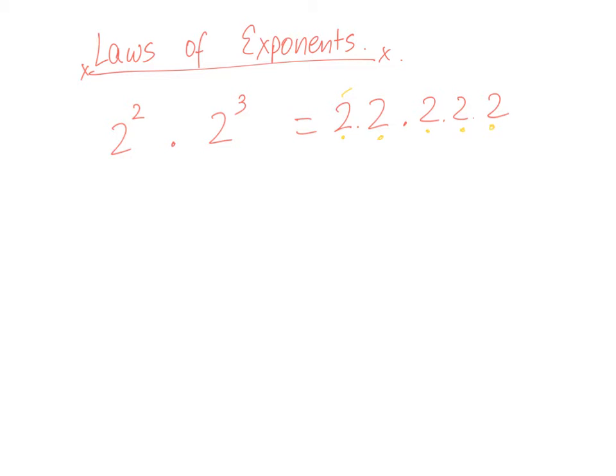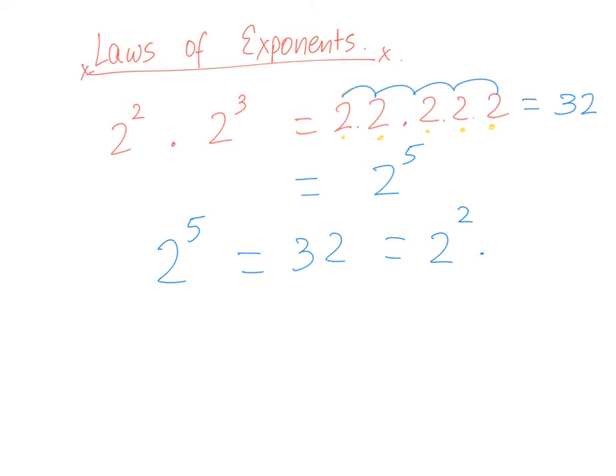So 2 is multiplied by itself 5 times. What is the product? 4, 8, 16, 32. So 2 exponent 5 is 32. You see the relationship: 2 exponent 5 is 32, and it's also 2 squared times 2 cubed.